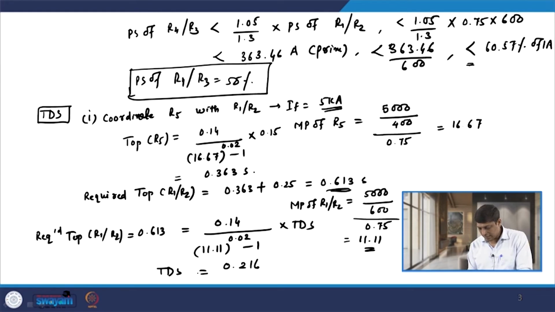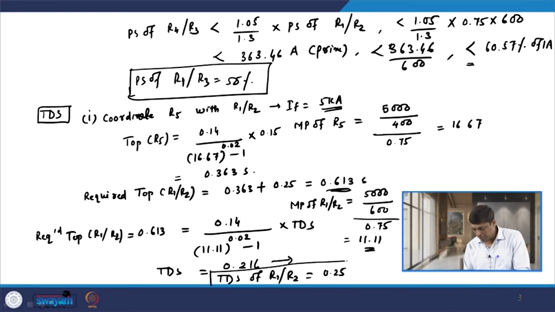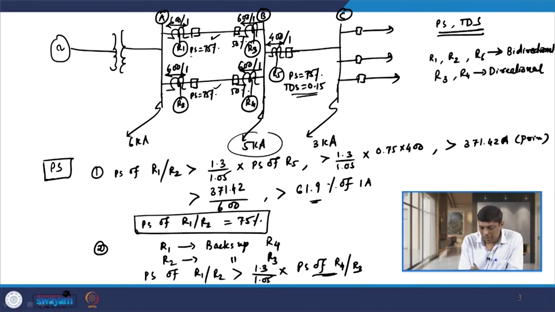So, we can select the TDS of R1 oblique R2 as the next higher value available, that is 0.25. So, we can write down the TDS here as 0.25, and the TDS here is also 0.25.